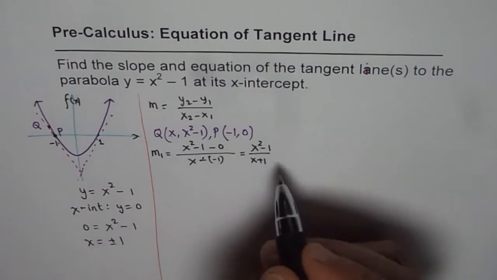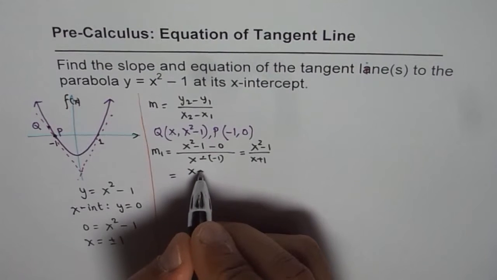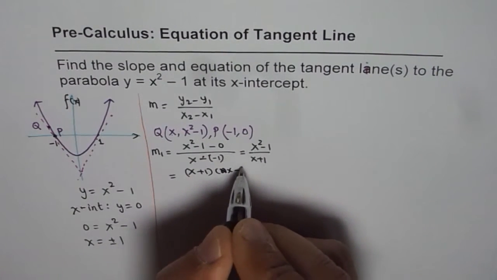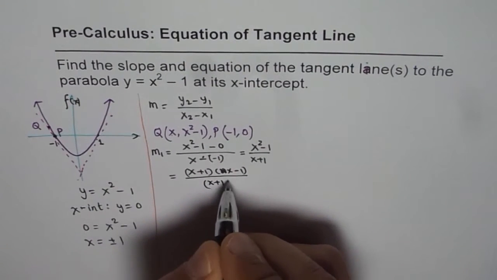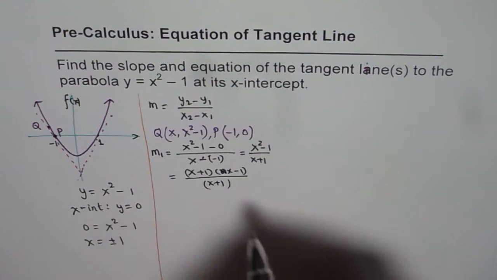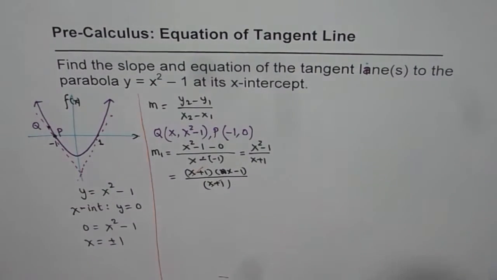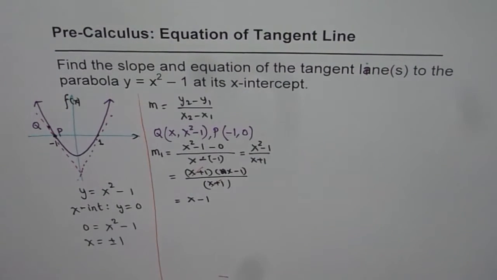Now x squared minus 1 I can factor. If I factor this, I get x plus 1 times x minus 1, divided by x plus 1. In this case, I can cancel out x plus 1 and x plus 1, so I'm left with x minus 1.